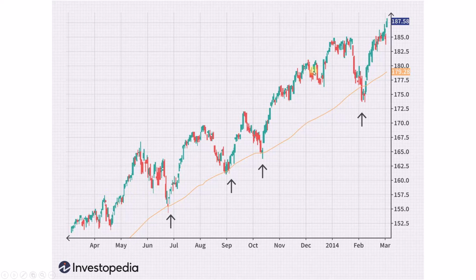The major trend here is uptrend, meaning the price is going up. This is the major trend. This is minor trend. The price is coming down here. This is minor trend. And what we want is a reversal of minor trend. And so we have to look for candlestick patterns at these locations.